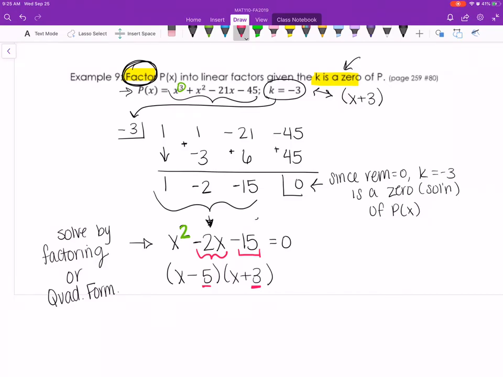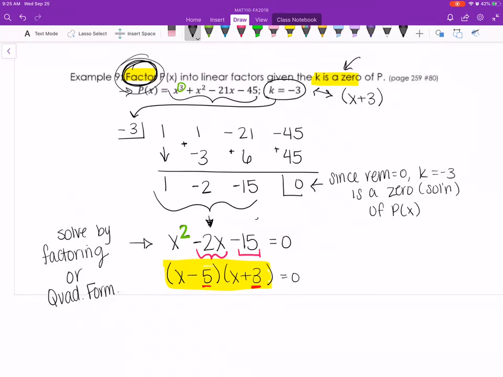So this one just asked for the factored form. This thing is already factored right here. There's no need to solve it because the directions did not say to write the zeros of the polynomial, or to write the solutions, or to solve the polynomial. It just said to factor.